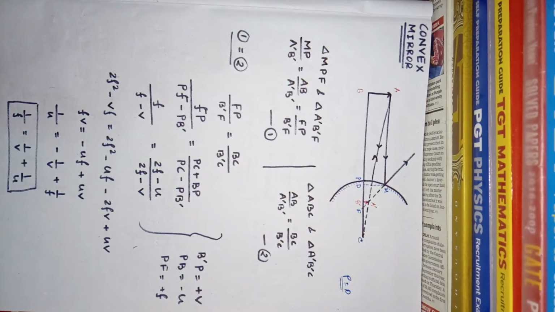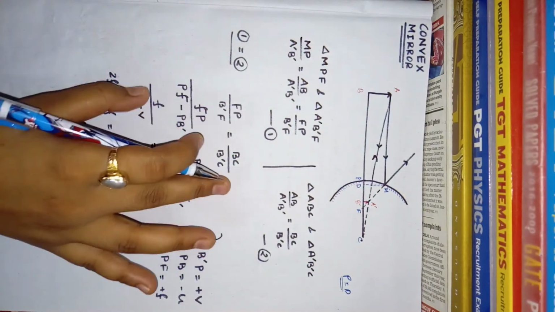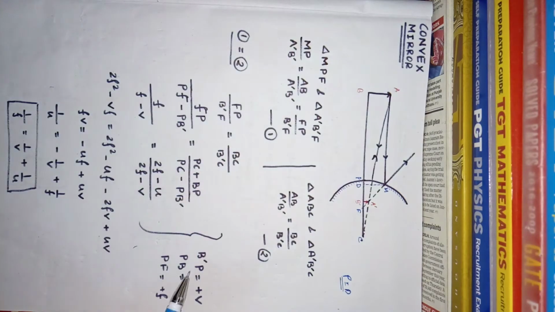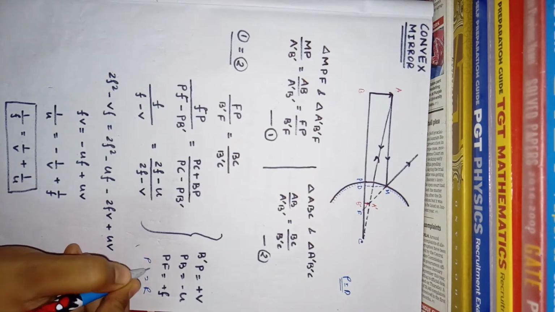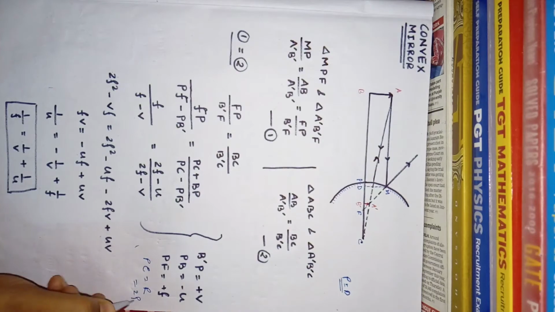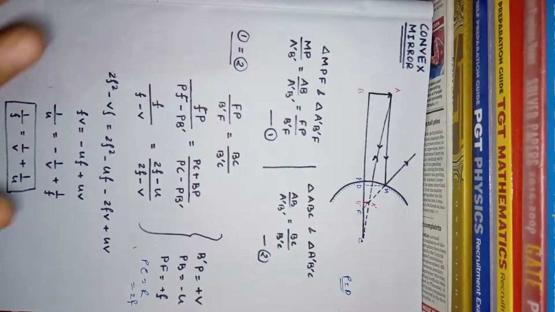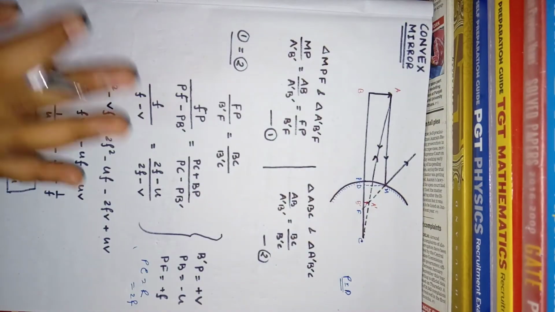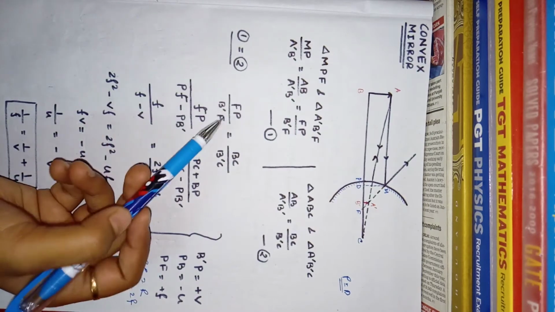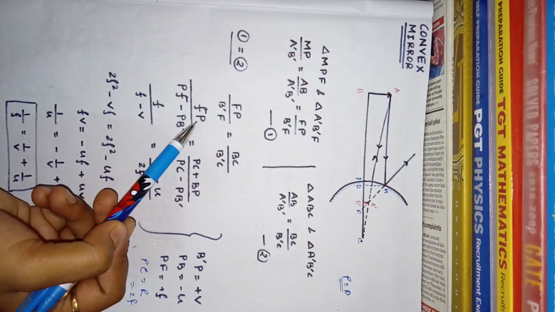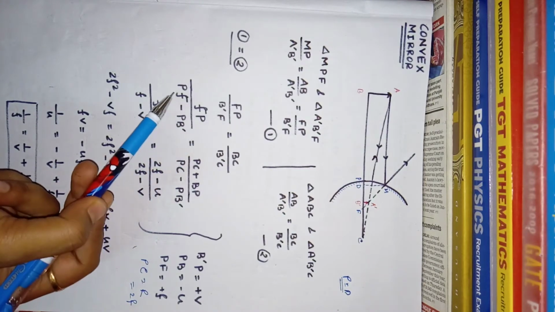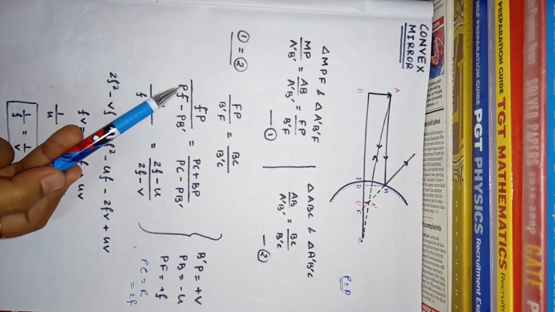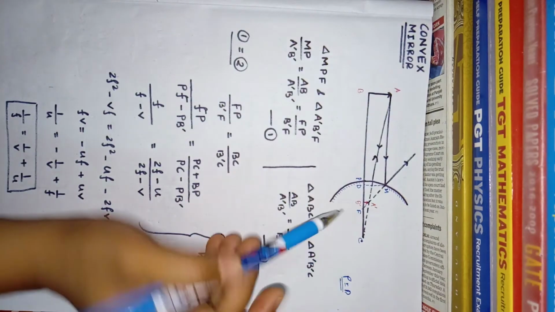Now if all the quantities presented here do not belong to V, U, F or R, then you have to write PC equals R, and write it from the pole, right? In the previous video we have discussed it. And suppose FP, so I have written FP and it will represent F, and in the case of B prime F, I have written it this way, PF minus BP prime. I'm just showing you once.